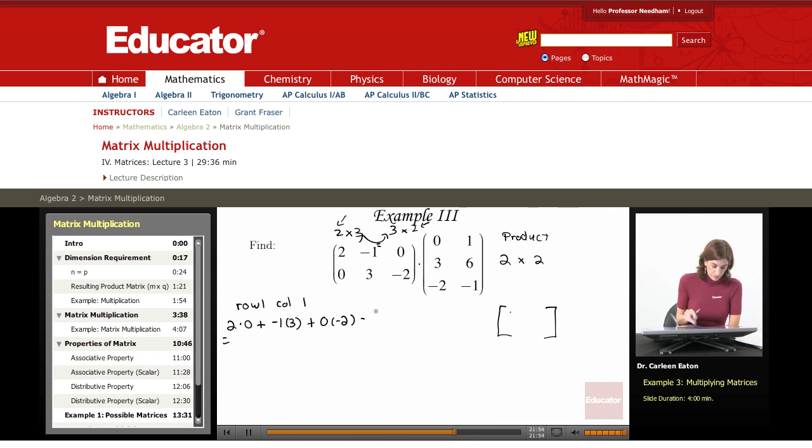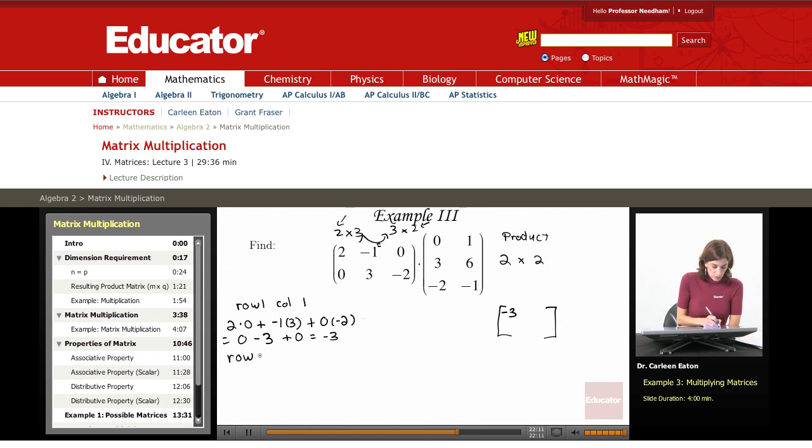Which equals 2 times 0 gives me 0 minus 3 plus 0. So that's -3. Row 1, column 1 is -3.